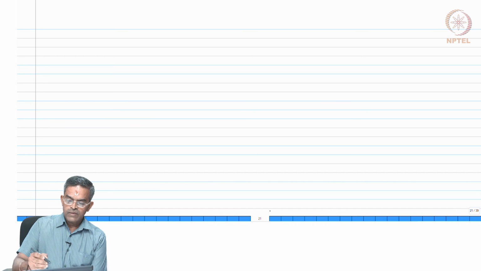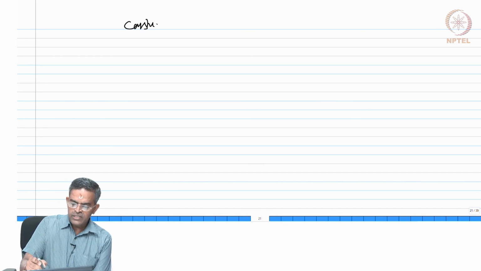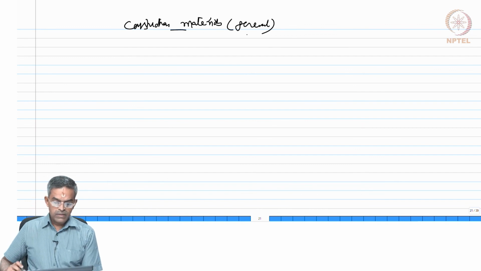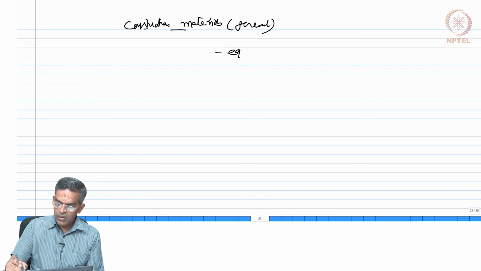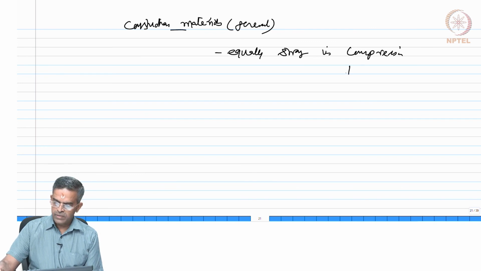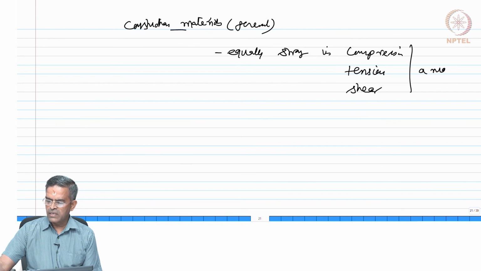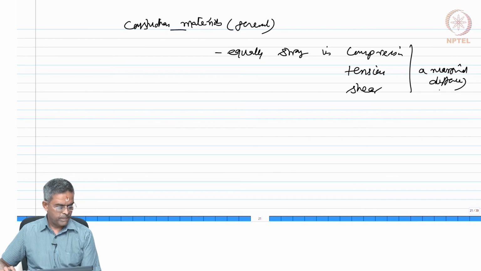When you talk about construction materials in general, most of them are equally strong in compression, tension and shear, showing a marginal difference. Most of them are strong in all these aspects.